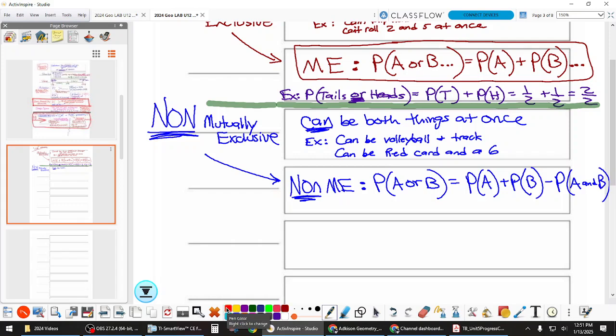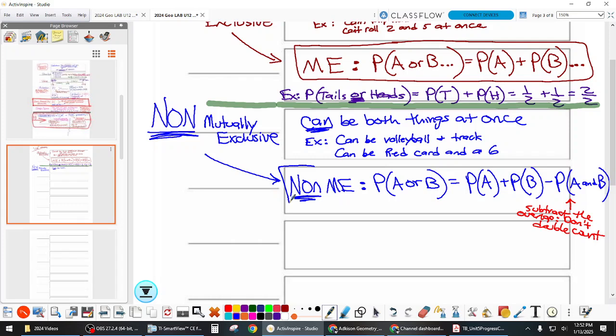Okay, I would like to describe this underneath by saying subtract the overlap. Don't double count.